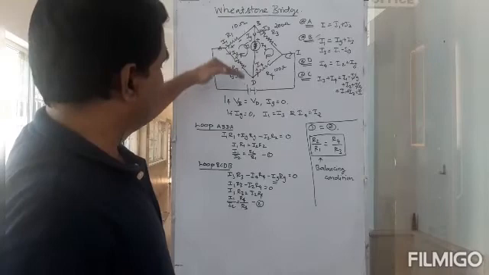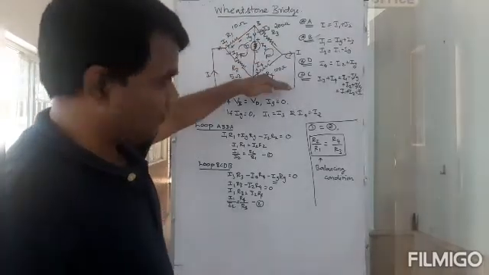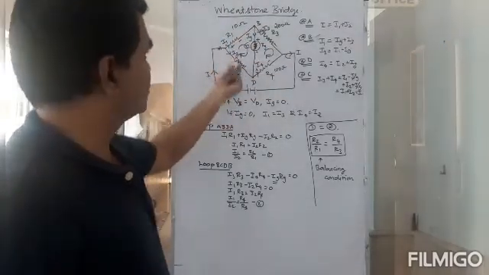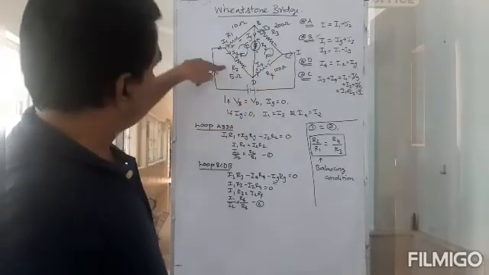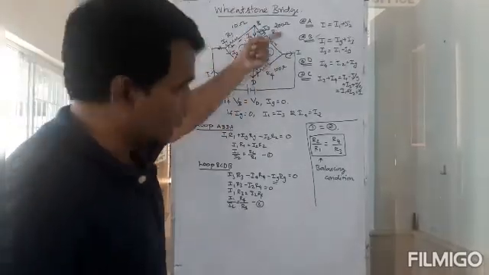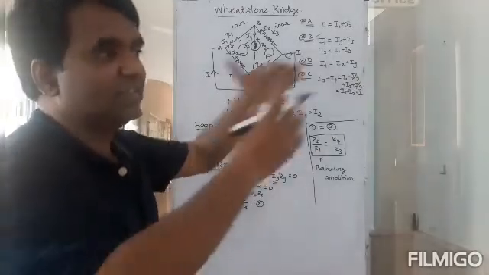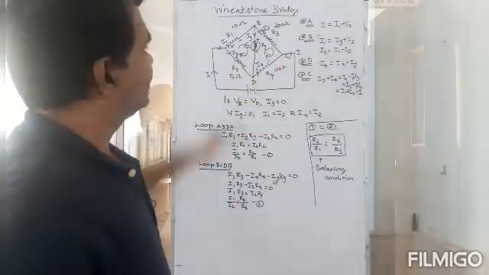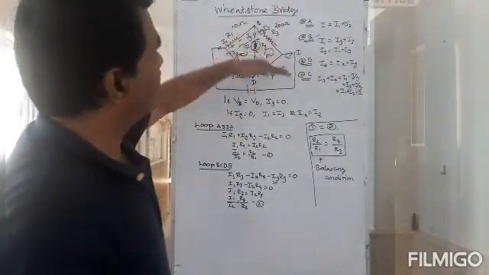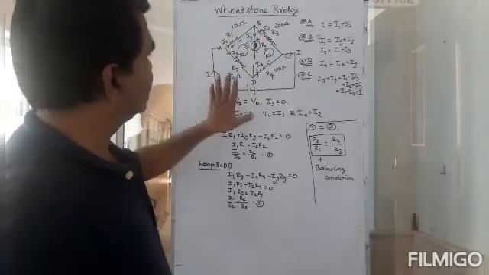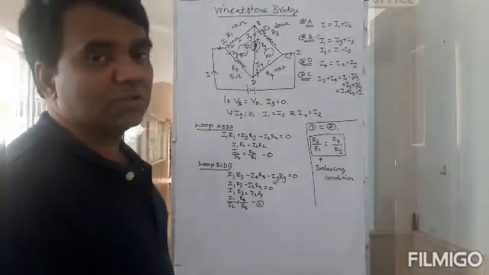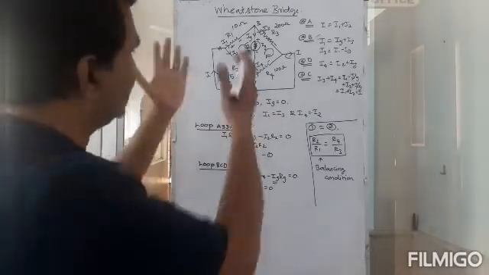Then 10 by 5 is equal to 200 by 100. In either case it is 2 equal to 2. Or 5 by 10 is equal to 100 by 200. In both cases it is half equal to half. When you have this kind of a condition, then Ig will be equal to 0. You can straight away say it.